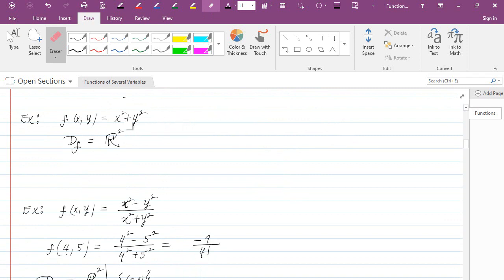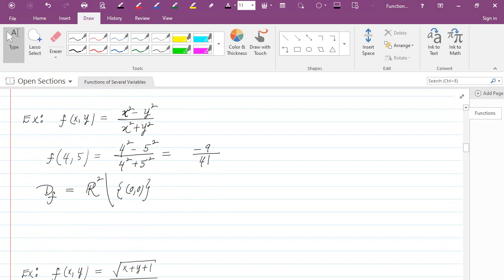So in this case, we're going to take the domain to be the largest subset of R2 for which this formula makes sense. Well, this formula can be computed for any point in R2, and as a result, the domain of this function would be the entire set of points in R2.